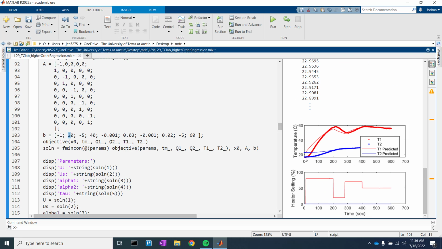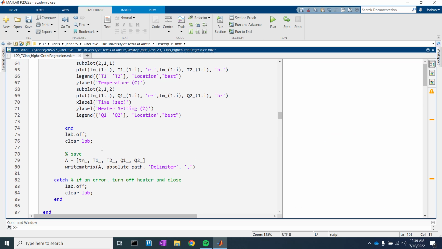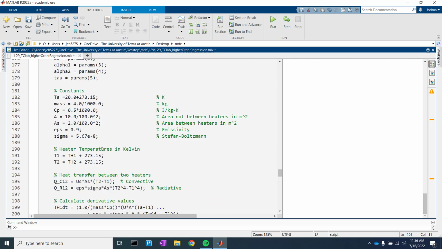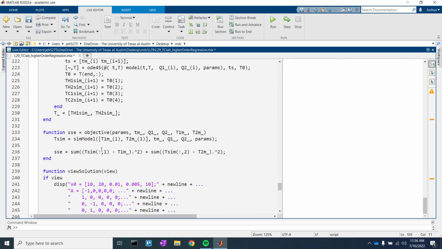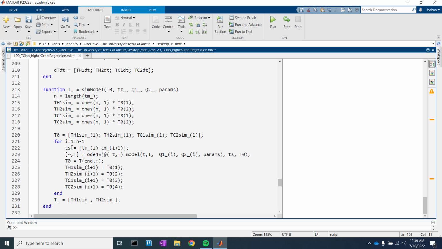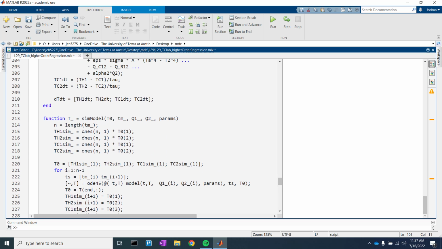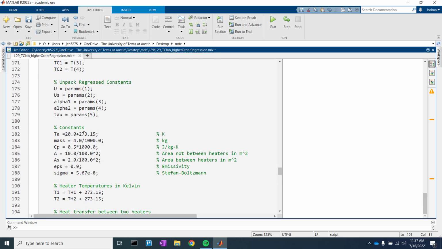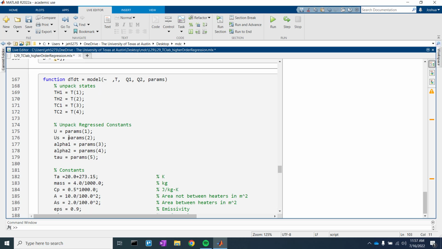There we go. The real problem is that we're starting at a lower temperature than we'd otherwise assumed. So let's go to our objective function real quick and see if we can set that. T0 is equal to T naught. Here's our model.